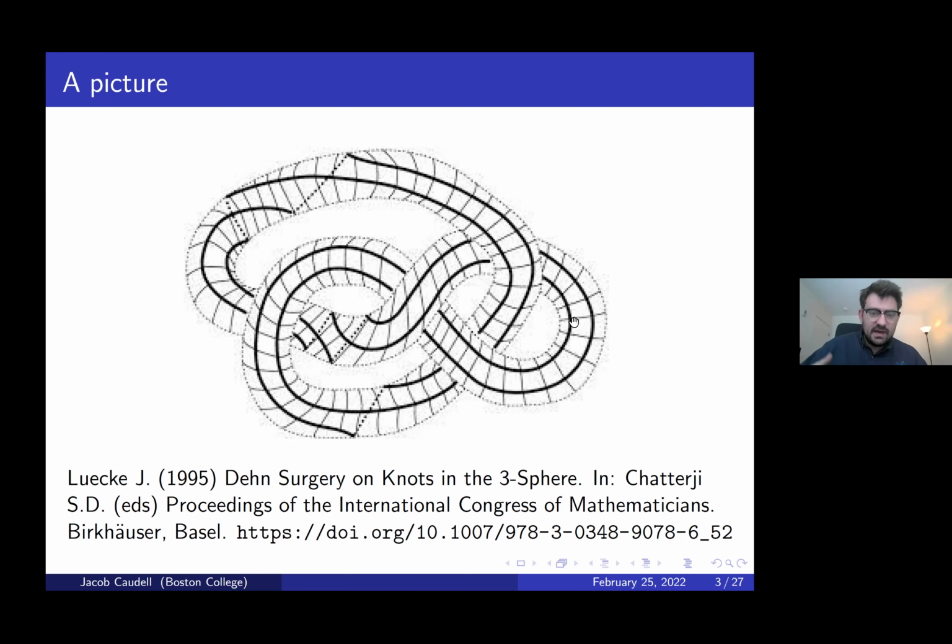So it takes as input an embedding of S1 into a 3-manifold, and then a choice of an essential simple closed curve on the boundary of the exterior of the knot. So in writing, given a knot K and a 3-manifold Y, M_K is the exterior.